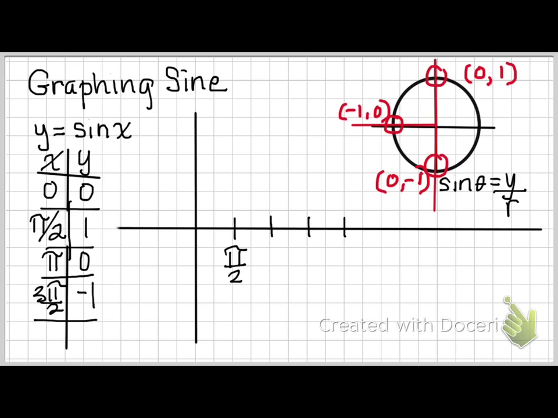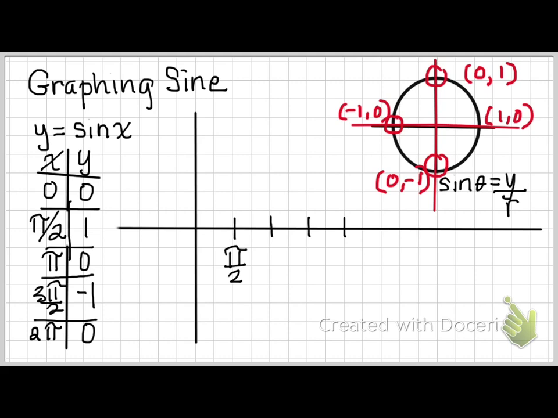And then my final convenient point is going to be 2 pi. And that's going to bring me right back around to where I started, right here on the positive x-axis, where my coordinates are 1, 0, and the sine value there is going to be 0.